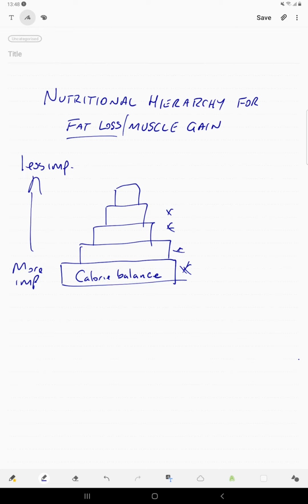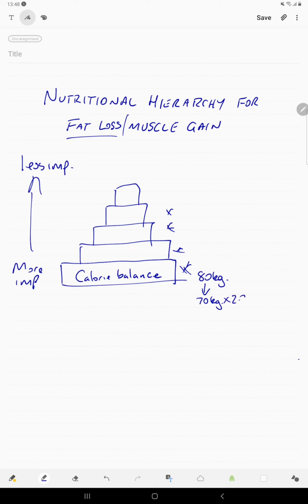Now, I said we're going to take fat loss as an example. We're not going to worry about the calories too much, but I'm going to show you a quick way of working them out. Say, for example, you are 80 kilos and you want to lose some weight. You decided that 70 kilos is a reasonable target.